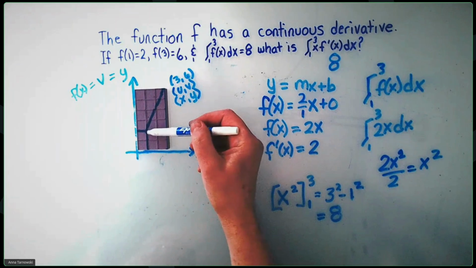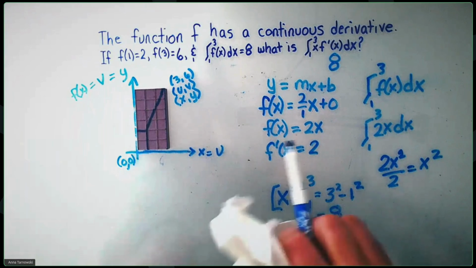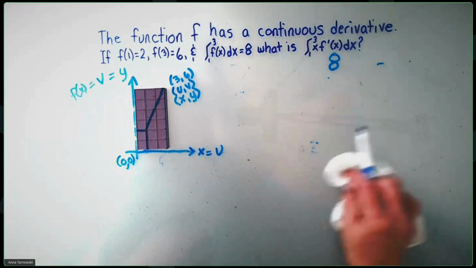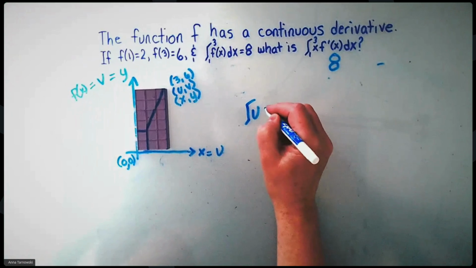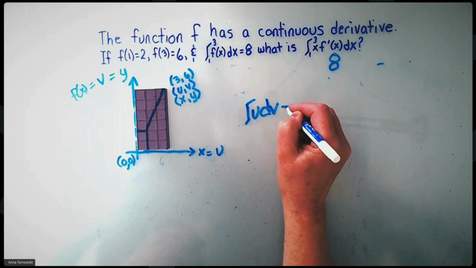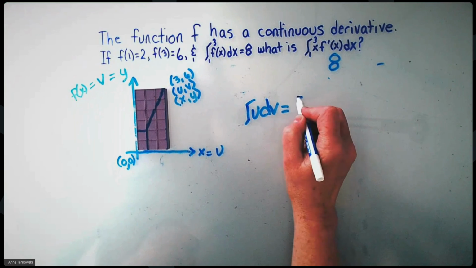This would be the integral of u dv. And so I'm going to actually erase this. This in here is the integral of u dv. And that is going to be equal to u times v from the 3 here, right?